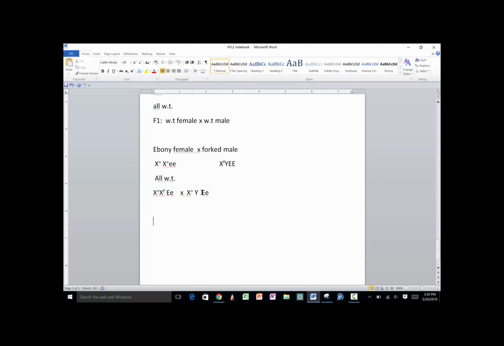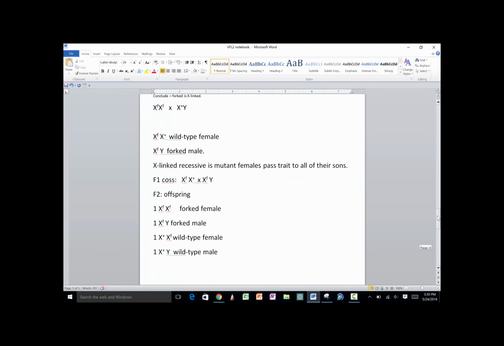If we cross this, we just showed that we expect half the flies to be wild type females. We expect 1/4 of the flies to be wild type males. We expect 1/4 of the flies to be forked males. All right, so where did I get all that? That's what we got when we did the cross this way.